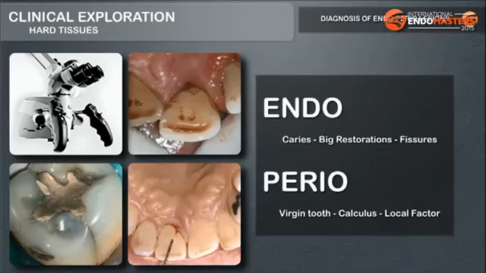The magnification and illumination provided by the dental microscope is of great help in this search. Presence of caries, fissures, and big coronal restorations could be associated with endodontic diseases. A virgin tooth, presence of calculus, and overhanging restoration or radicular grooves could be associated with periodontal lesions.